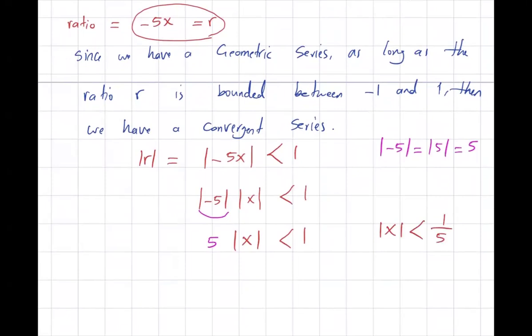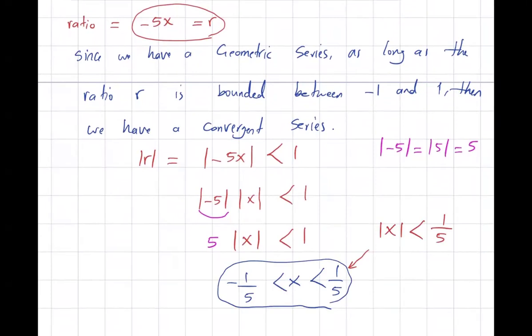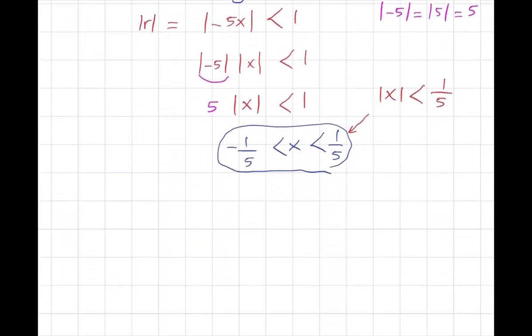So your x must be bounded between -1/5 and 1/5. As long as our x is bounded between -1/5 and 1/5, then we have a convergent series.